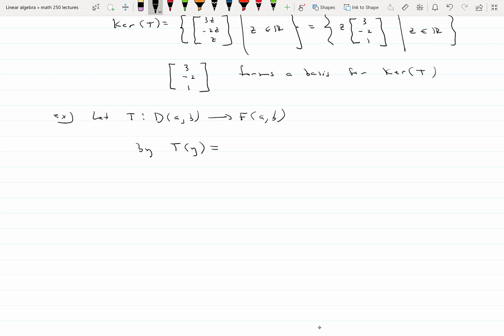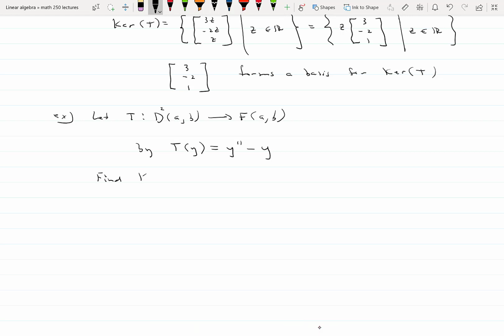I need it in D2 because I'm going to be taking two derivatives. Given by T of y equals y double prime minus y. So you enter a function, then you take two derivatives of it and subtract the original function.